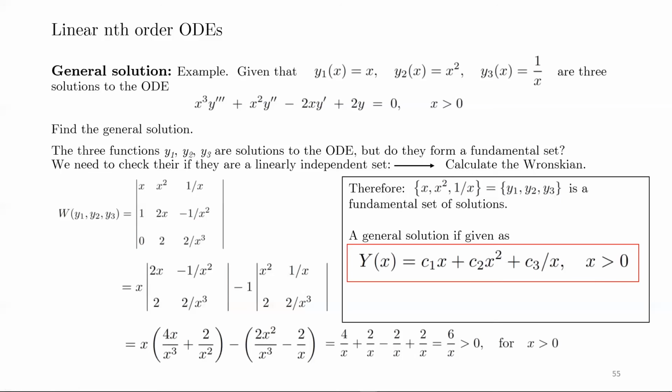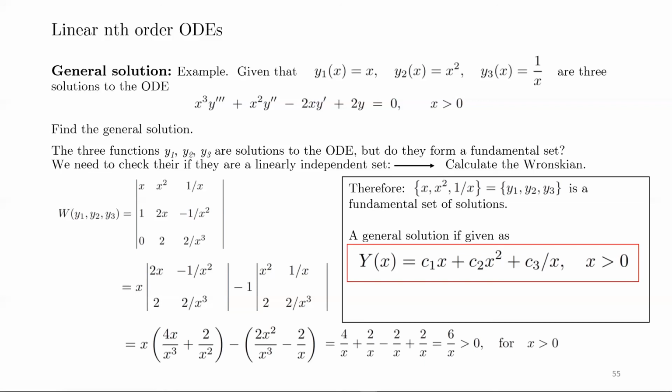The key point here really is, in an nth order ODE, you have n solutions. If those n solutions are linearly independent, which we can test by calculating the Wronskian and making sure it's not equal to 0, then that set of solutions is a fundamental set of solutions.